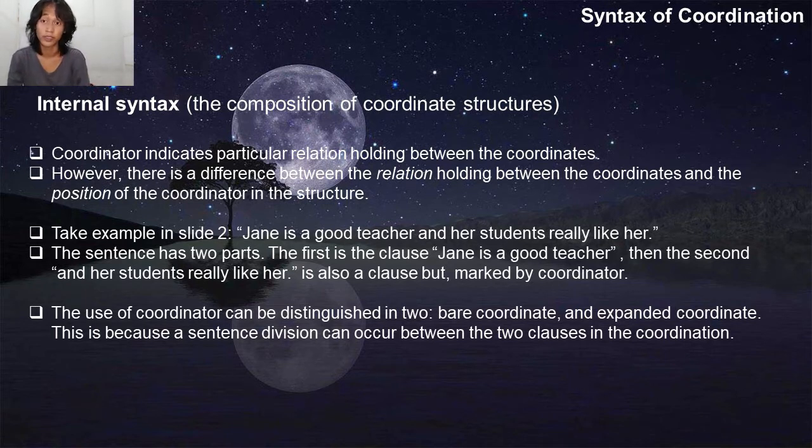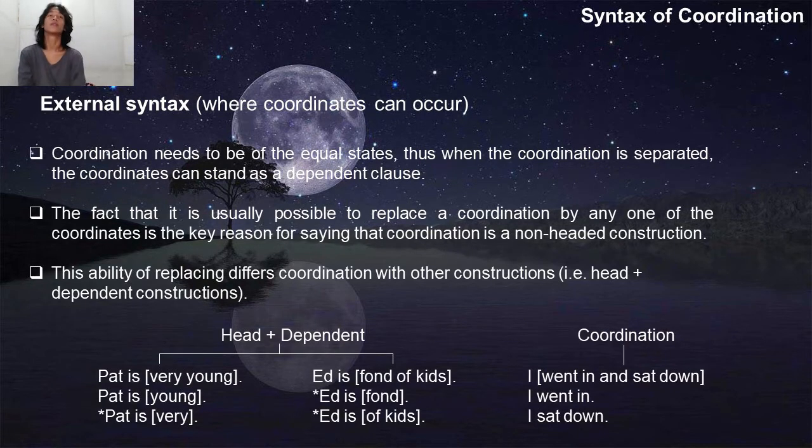Moving on to external syntax. As you can read, it is about the placement of the coordinates. You can see that coordination needs to be of equal status. When coordination is separated, the parts can stand alone, like I said before.